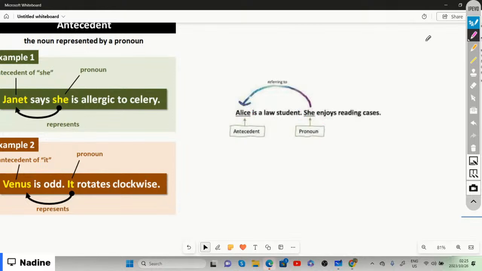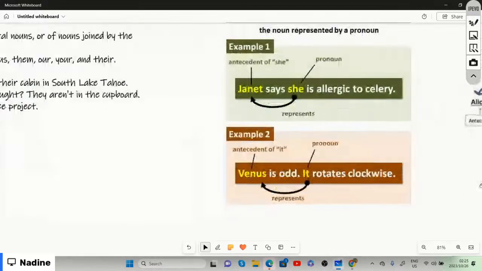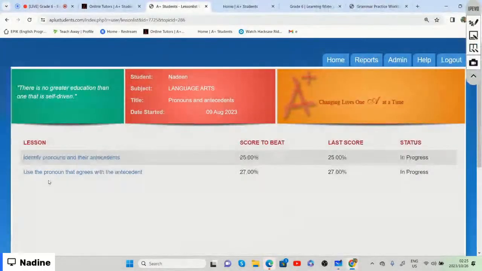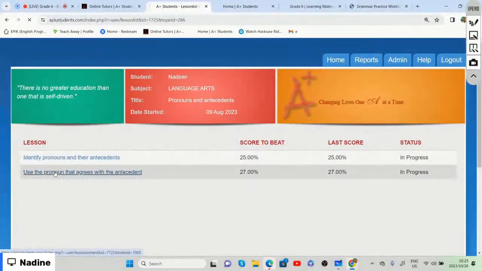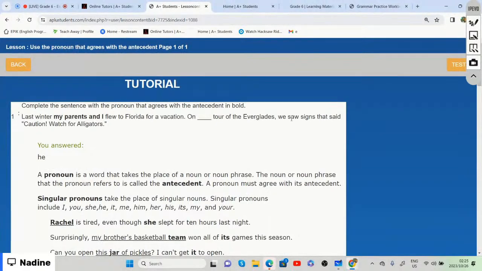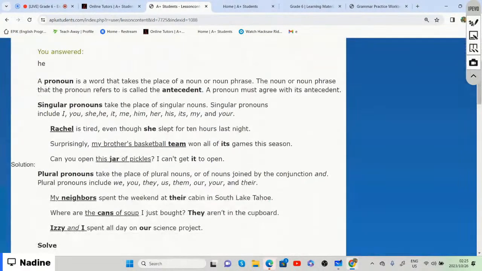All right, so now we're going to a+students.ca, and we're going to our lesson, which is to use the pronoun that agrees with the antecedent. And I literally went over all of these descriptions, where we said a pronoun is a word that takes the place of a noun or noun phrase.